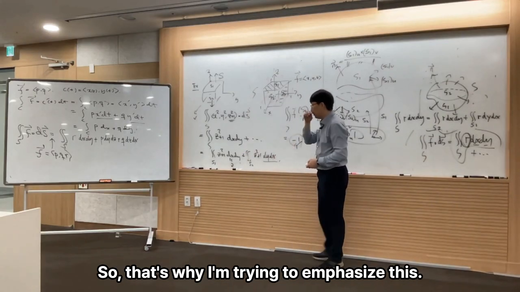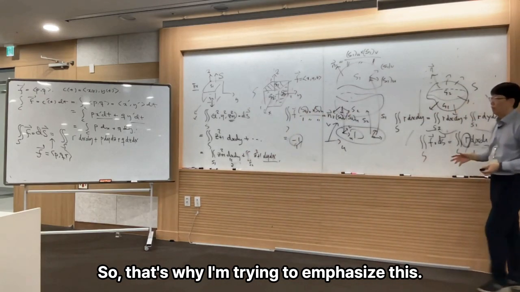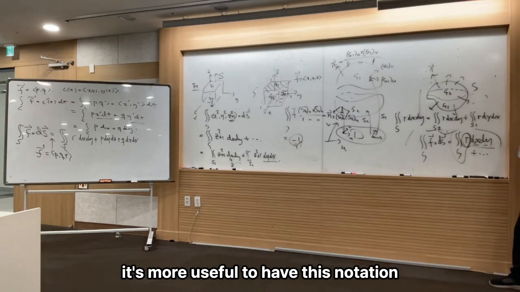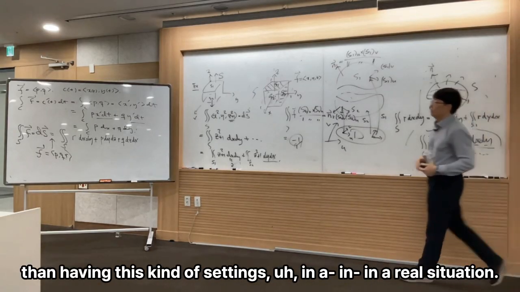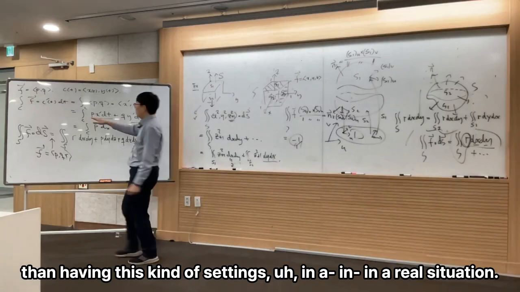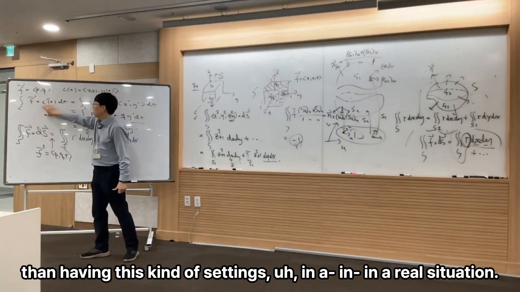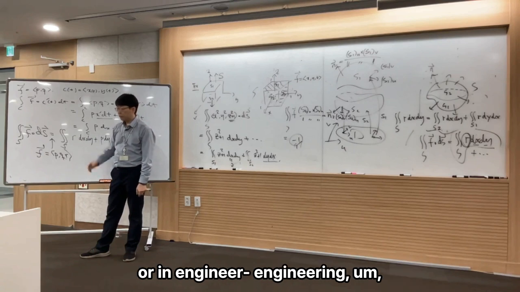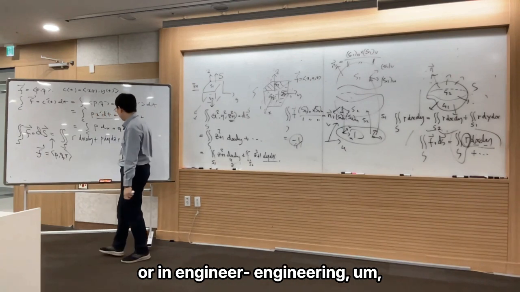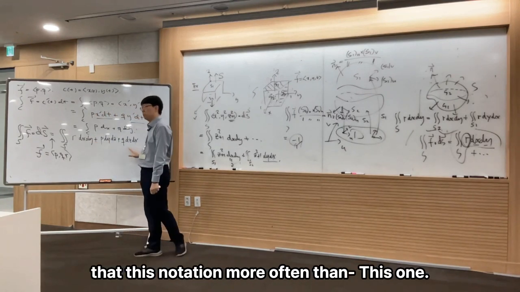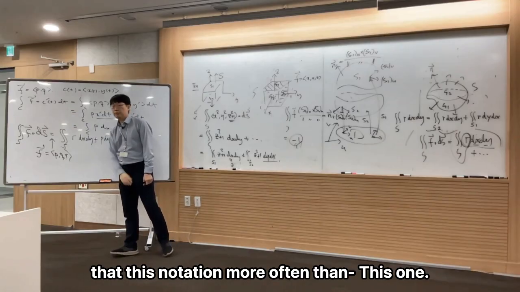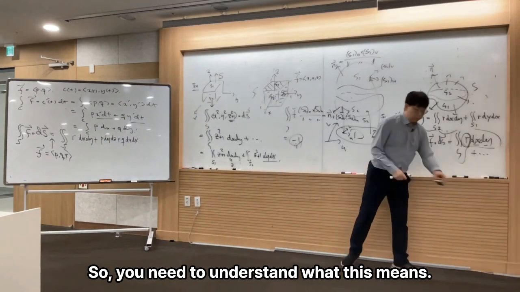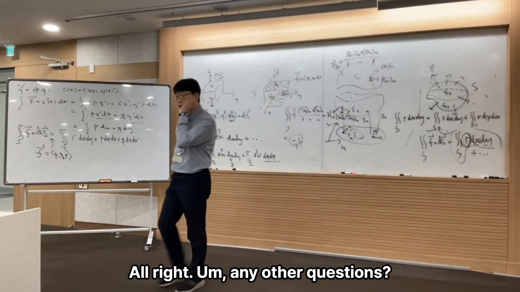That's why I'm trying to emphasize this, and I think it's more useful to have this notation. If you're reading a paper in physics or engineering, you might see this notation more often than this one, so you need to understand what this means. All right, any other questions?